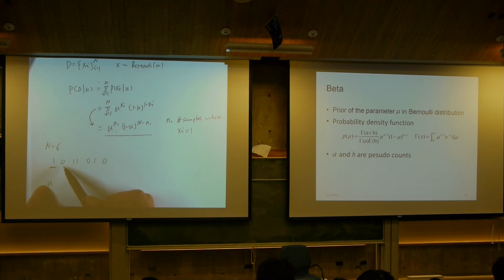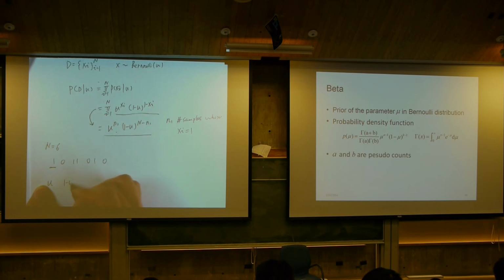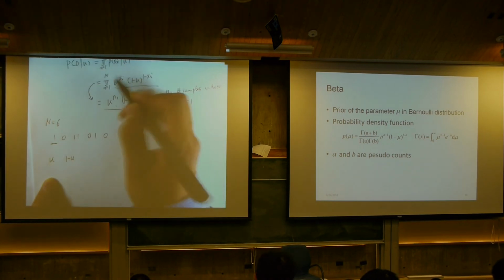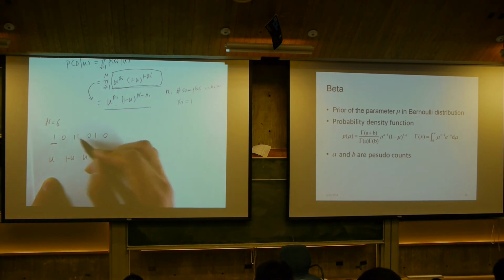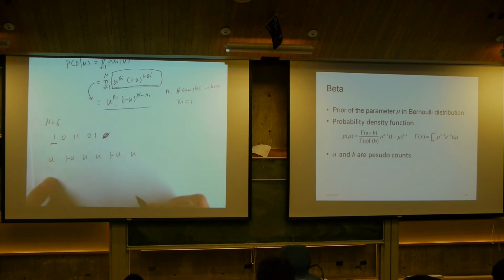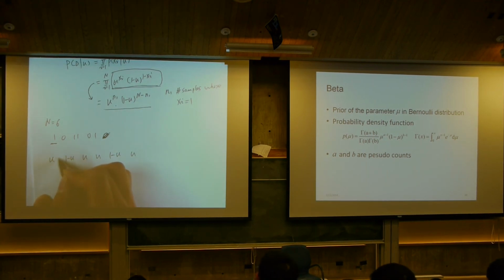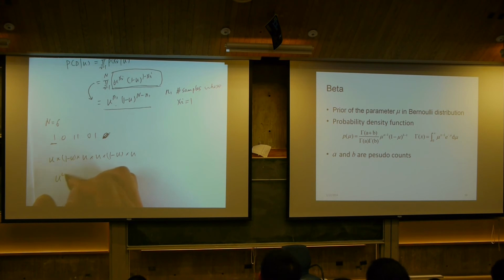And the second one is 0. So this quantity here would be 1 minus mu. The third one is 1. So this quantity here in the box is mu. Similarly, the fourth one is mu, and the fifth one is 0. These are all multiplied. So finally, we get mu to the 4, 1 minus mu to the 2.